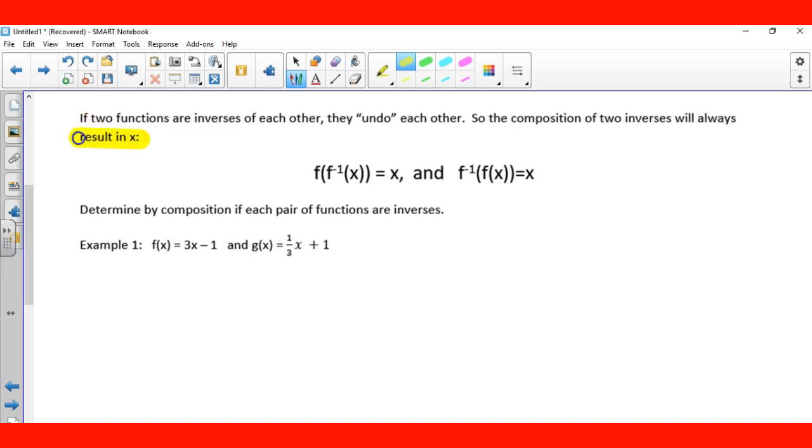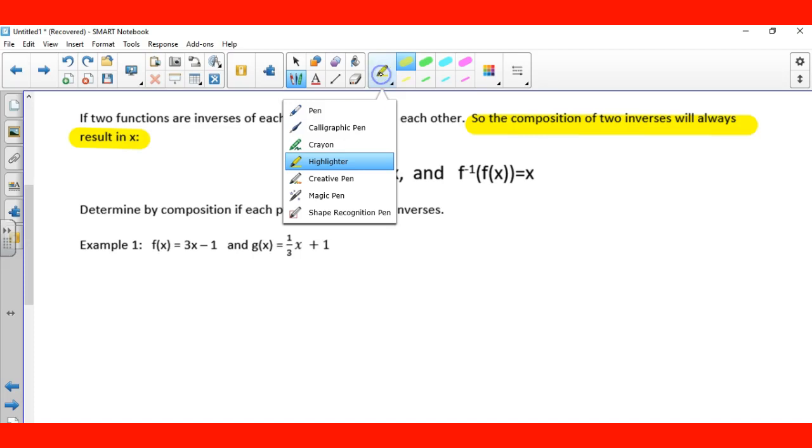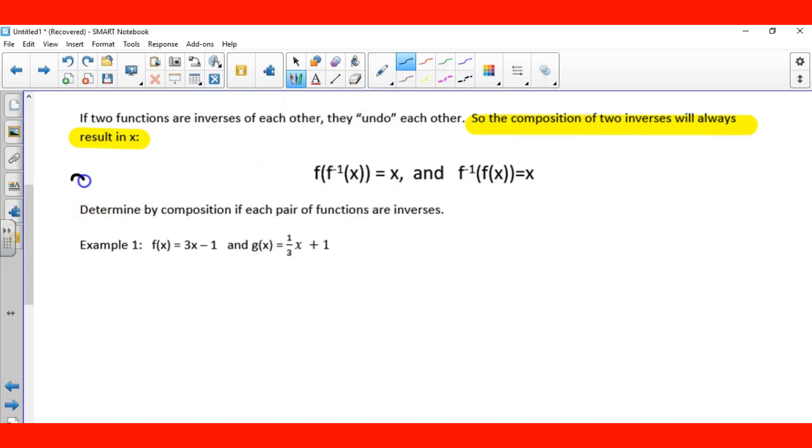Meaning, let's say I have a function f of x and a function g of x. If I put g inside of f, so f of g of x, and I simplify it, I should get x.